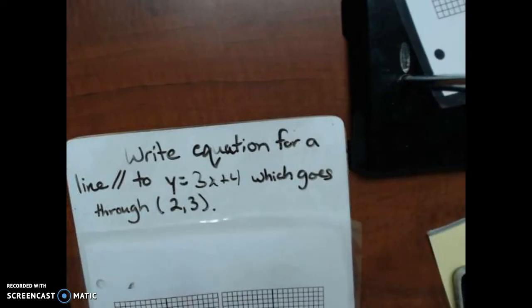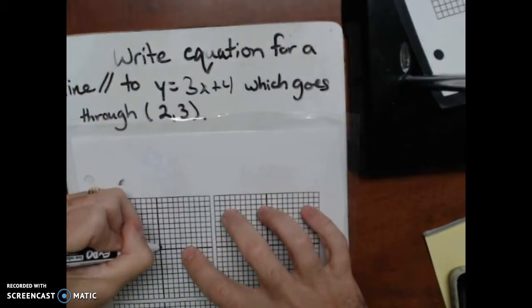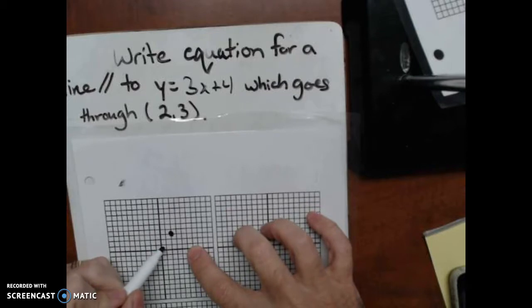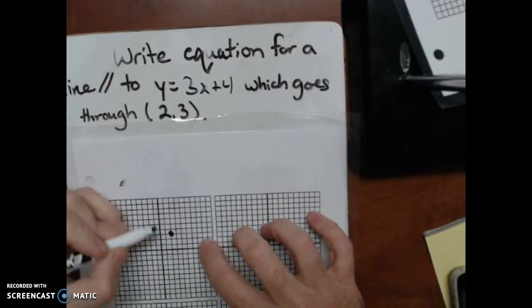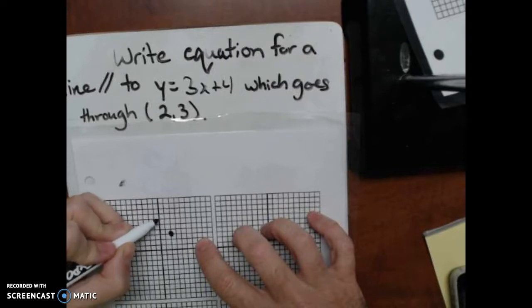Now, some of this you can kind of visualize here on the grid paper. You want to see where that is, maybe. Here's my point 2, 3, but then here's my line 3x plus 4.